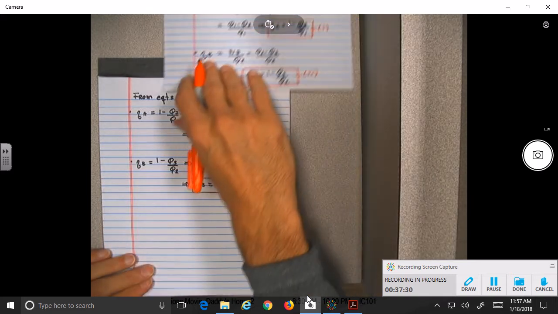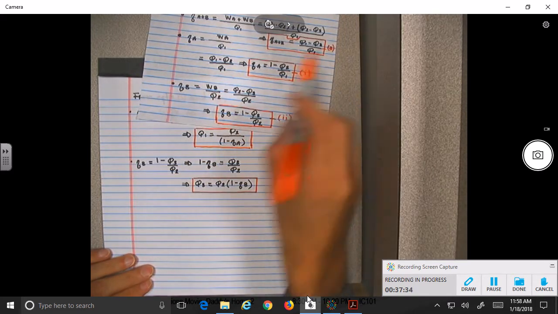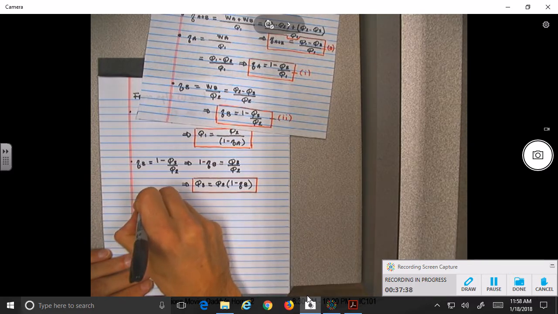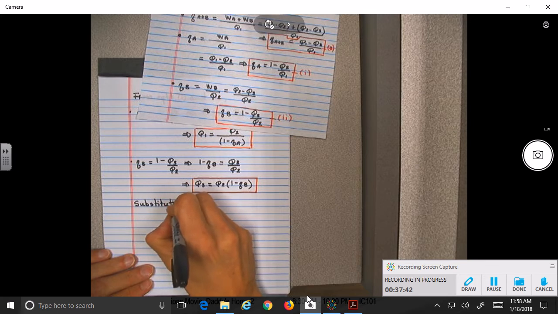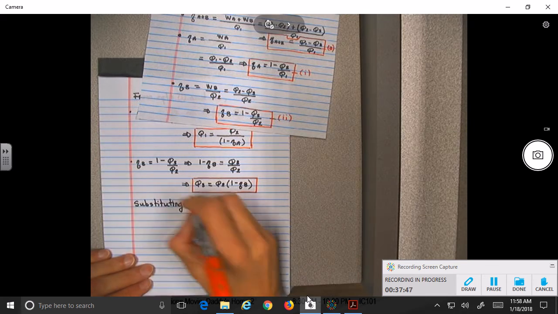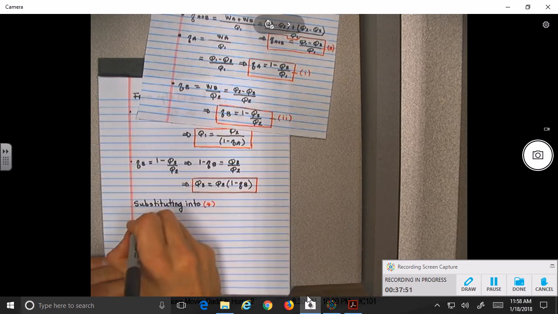Okay, so now what can we do? I think we can go and substitute into this equation. So let's see if that would work. So substituting into the star equation, which is what?